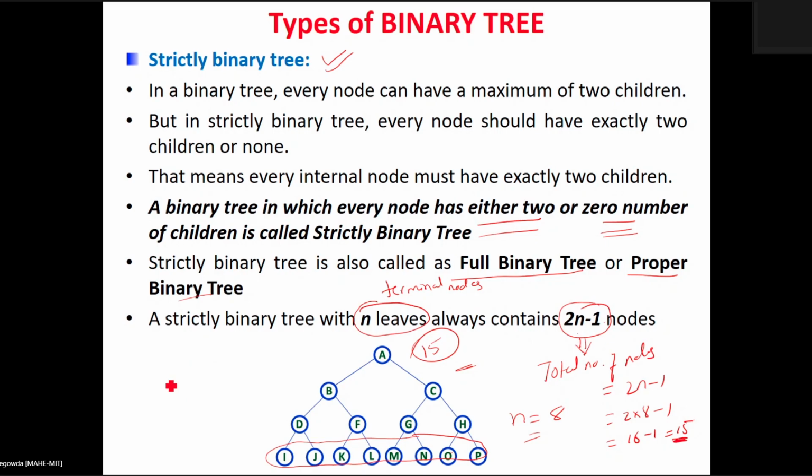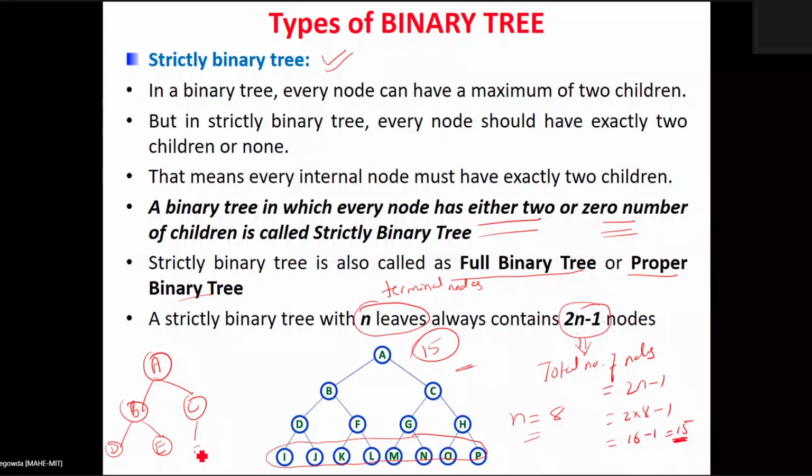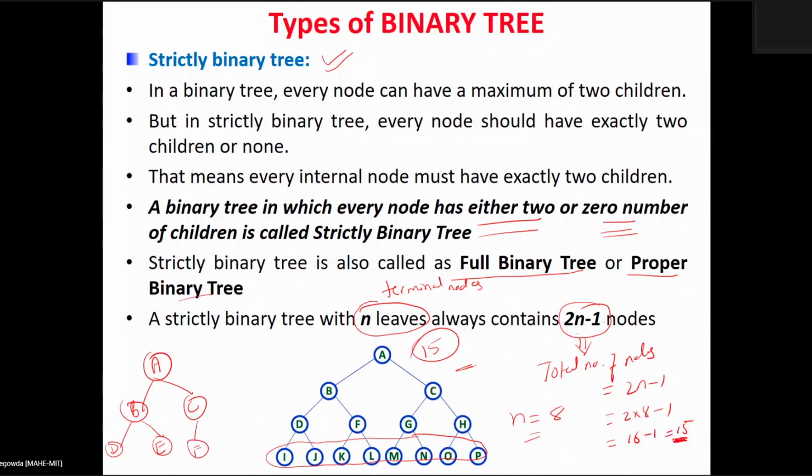Say for example, if I write one more example, A has two children, B and C, and B has two more children, D and E, where D is the left child and E is the right child. And C has only a left child.